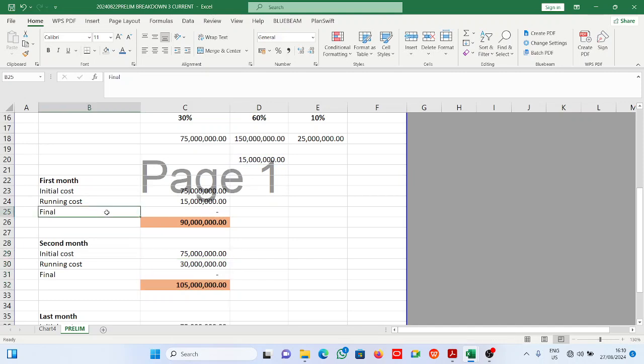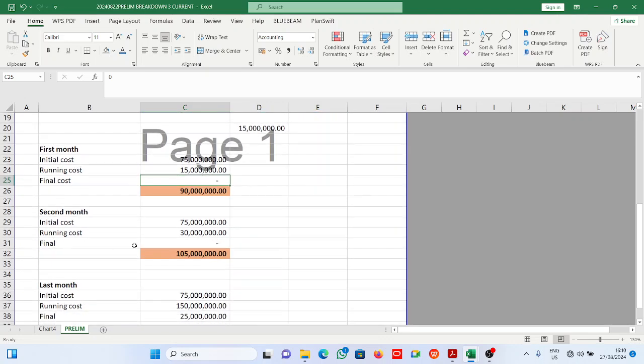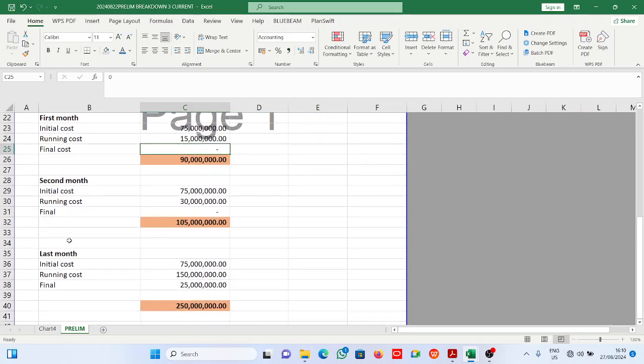If you notice here, this final cost does not have anything. The reason is because this is just the first month of the project. You can't be talking about demobilization at this stage. That is why this is nil, 0. The same thing in the second month, and the same in the fourth, fifth, and then the last month we have the initial cost, which is also 75 million.